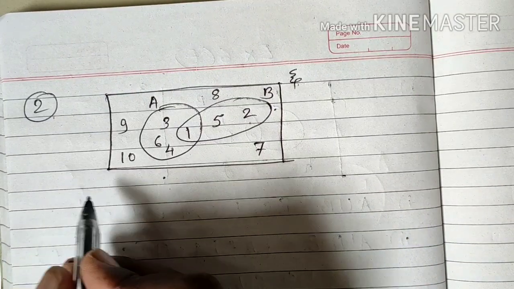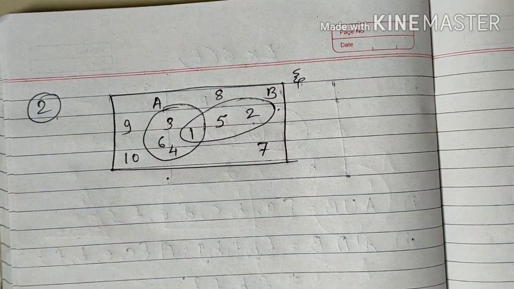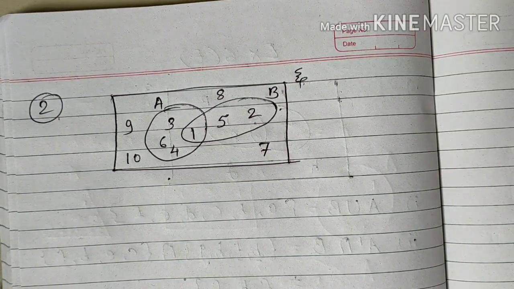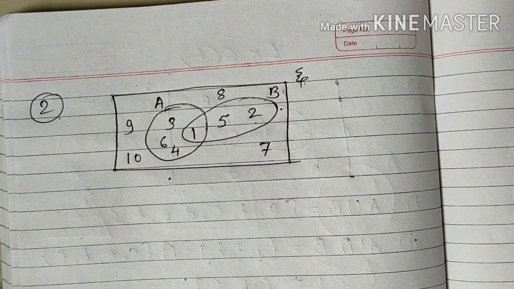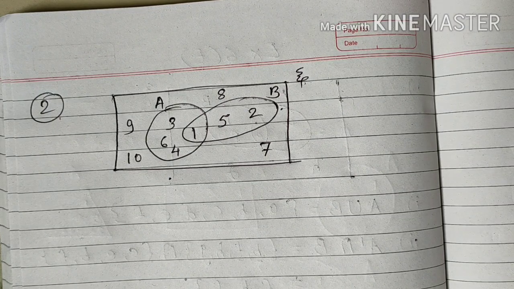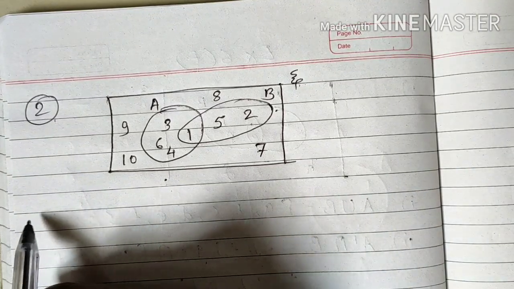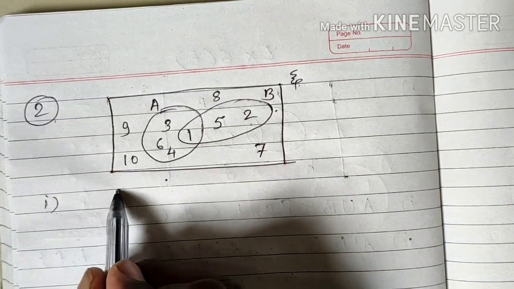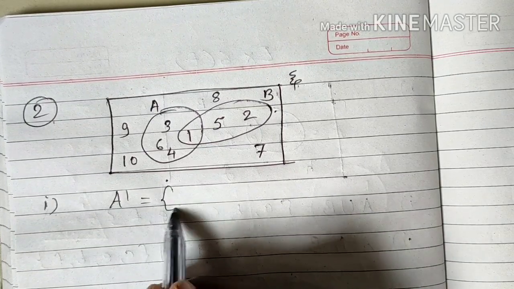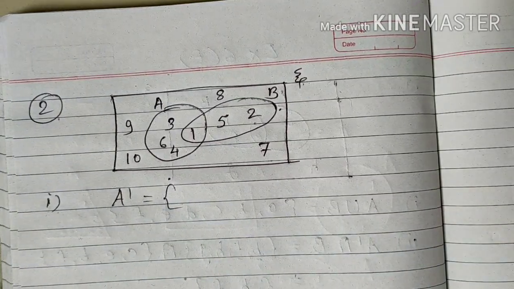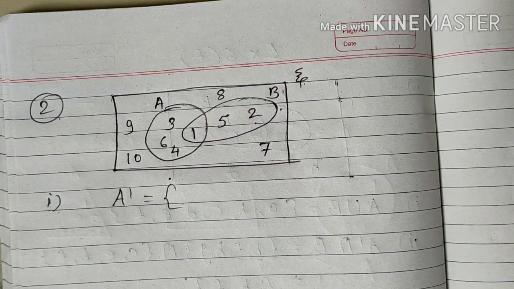Now students, tell me, from A and B set, first we want to find out A complement. A complement means what? Those elements which are present in A, that we have to remove from the universal set.